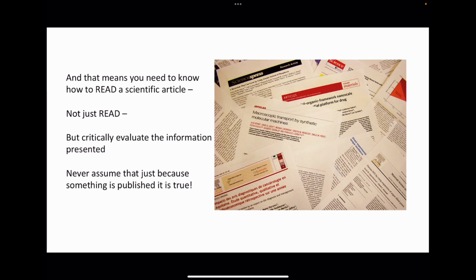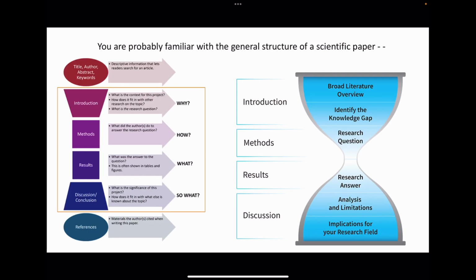You need to be able to extract information from it and really evaluate maybe the implications of the results or the validity of the results, stuff like that. So here is just an overview in case you haven't read a paper in a long time. This is the general structure of a scientific paper. You are probably familiar with that.